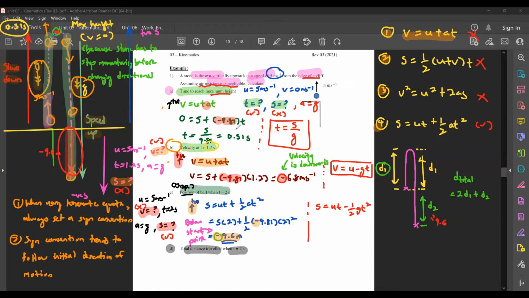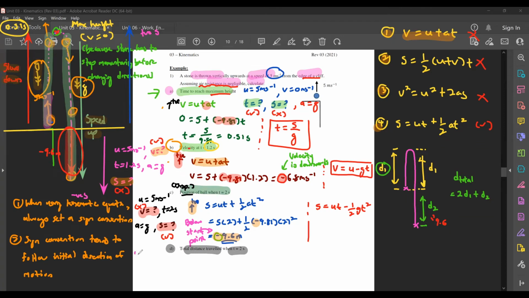Okay, so for this one, you can try to find out the distance to maximum height. If in part A it was the time taken to reach maximum height, right now you want to change the quantity to be found to the distance to maximum height. So in your case, you can do the same thing again.